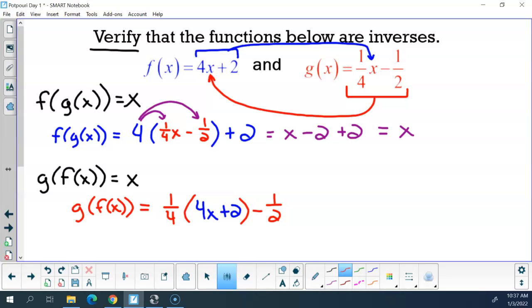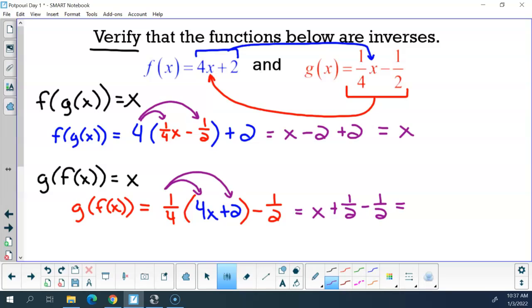Again, got to do some math. 1/4 times 4, 1 times x, x. 1/4 times 2 is 1/2, right? So it's plus 1/2. And then I got this minus 1/2. x plus 1/2 minus 1/2.